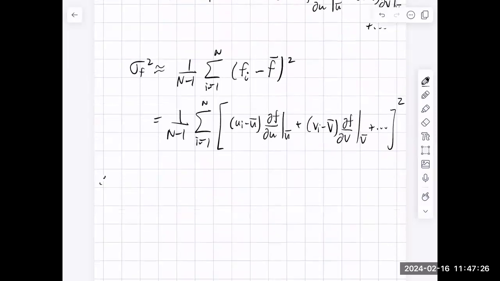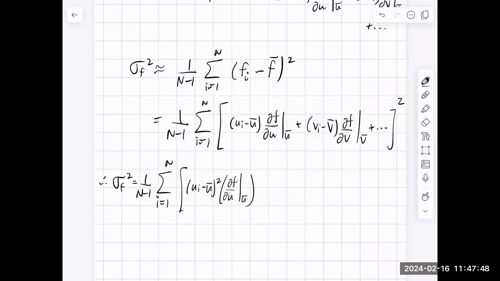I'll try to write a little smaller because we're going to have a bunch of stuff here. 1 over n minus 1 sum of i equals 1 to n of ui minus u bar squared df du evaluated at u bar squared plus vi minus v bar squared df dv evaluated at v bar squared.